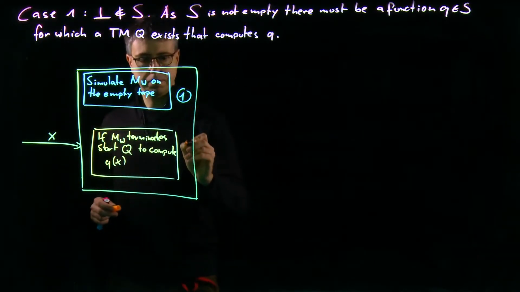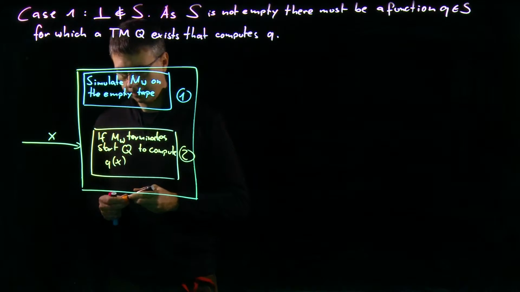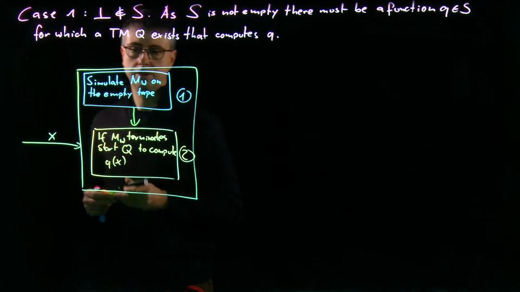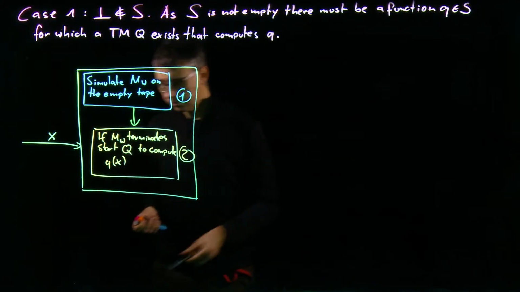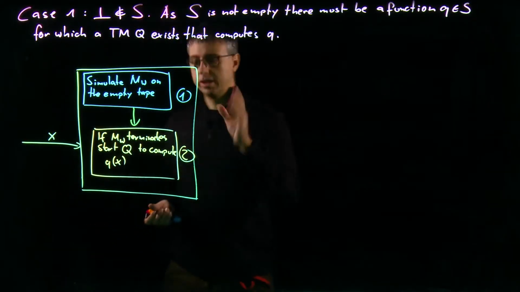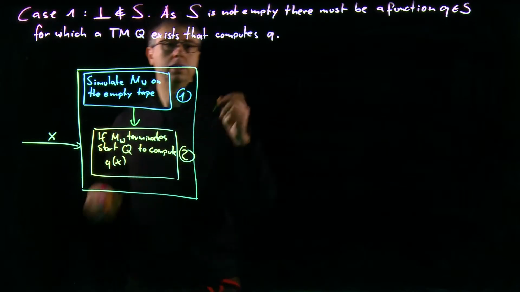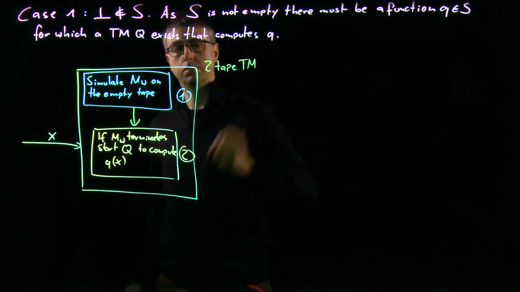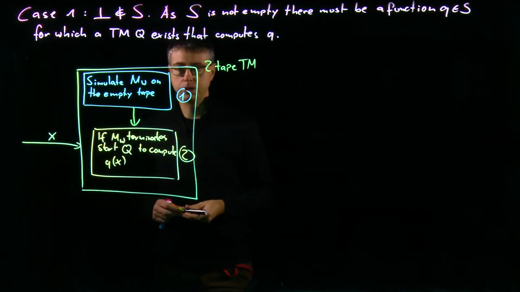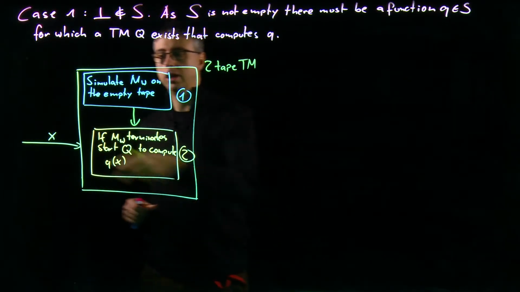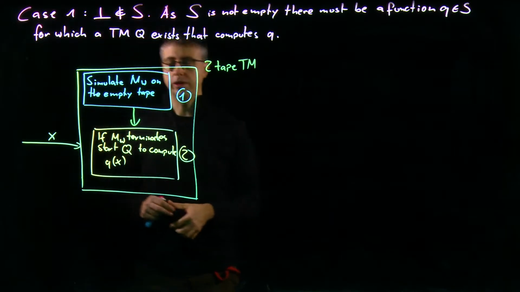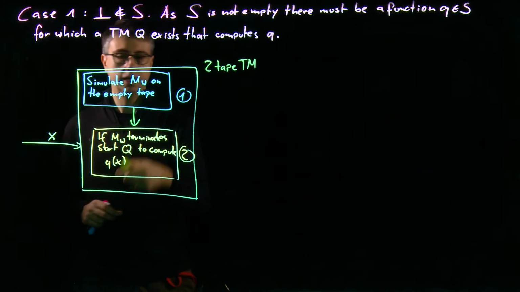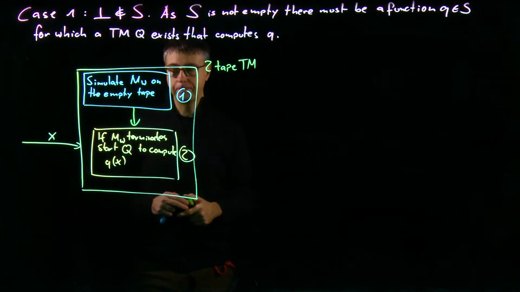And this step is performed after the first one terminates. This can be realized, for example, by a two-tape Turing machine, a variant of a Turing machine with two tapes. Then it's easy: you just save the input on the second tape, simulate M_W on the first tape, and then simulate Q on the second tape.